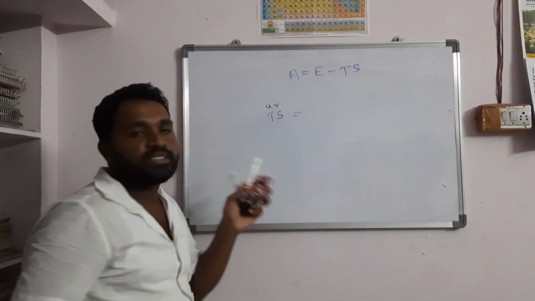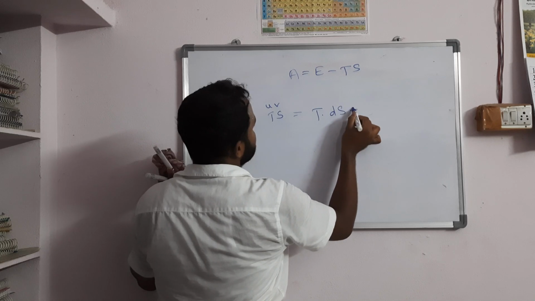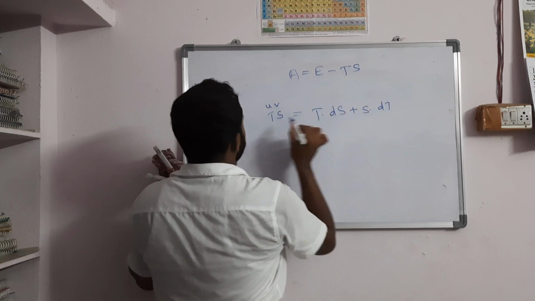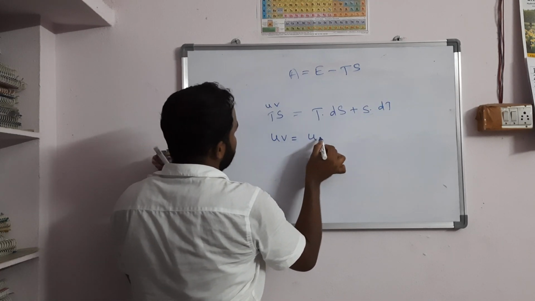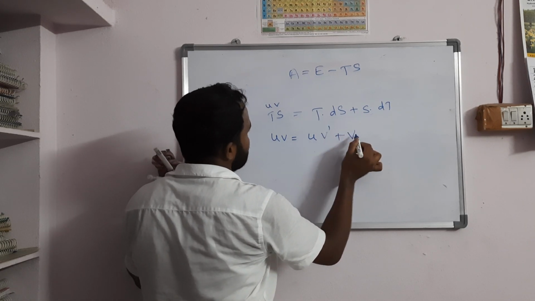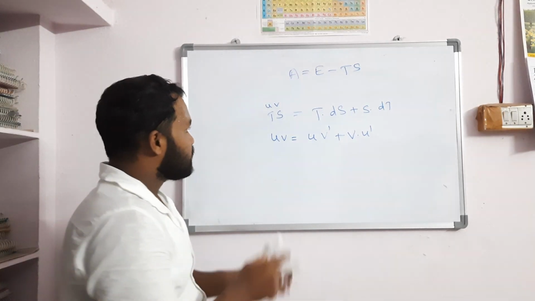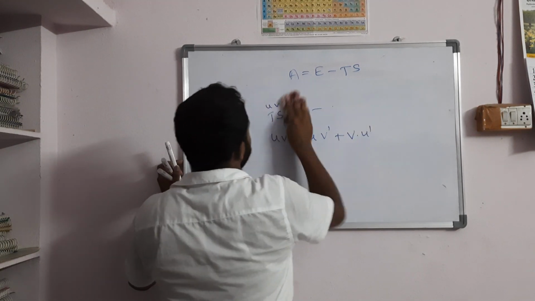If two terms T and S are there, you write T into dS plus S into dT. That means UV means U is constant and differentiation of V, plus V is constant and differentiation of U. In the same manner we will apply it here.